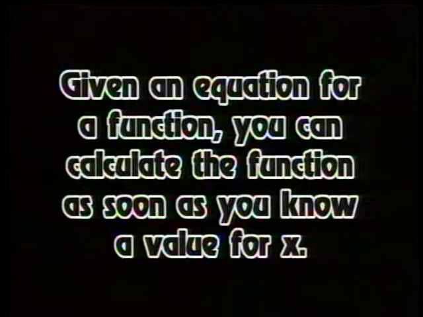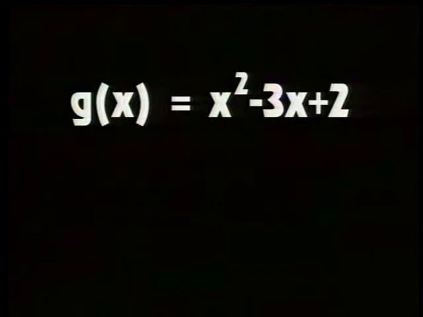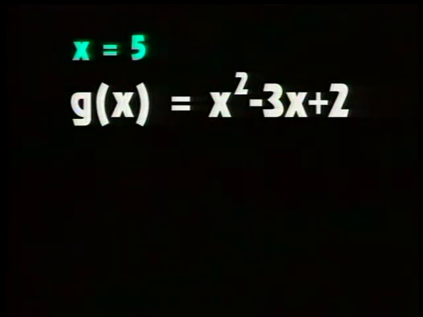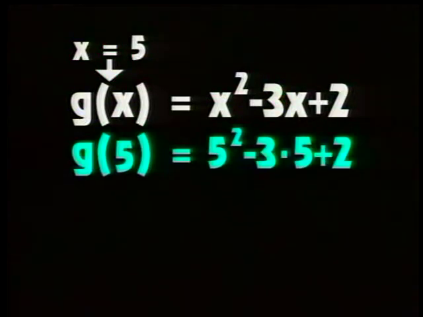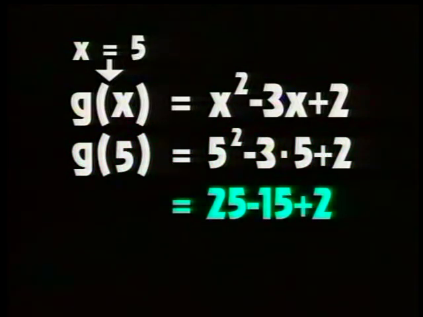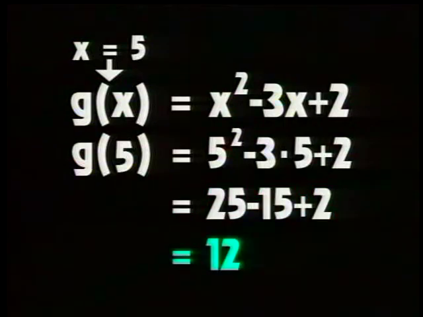Remember, given an equation for a function, you can calculate the function as soon as you know a value for x. For g, for instance, if you know that x equals 5, you can immediately substitute x equals 5 into the equation. So g of 5 equals 5 squared minus 3 times 5 plus 2. That is 25 minus 15 plus 2, or 12.